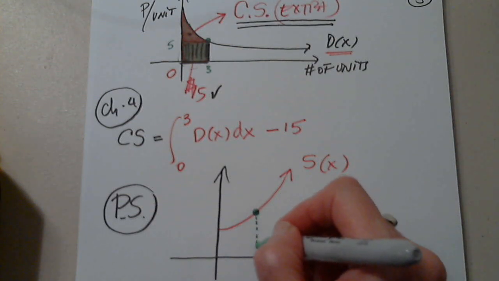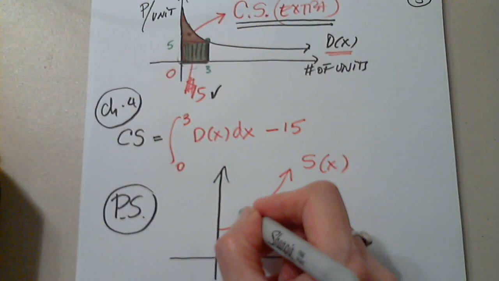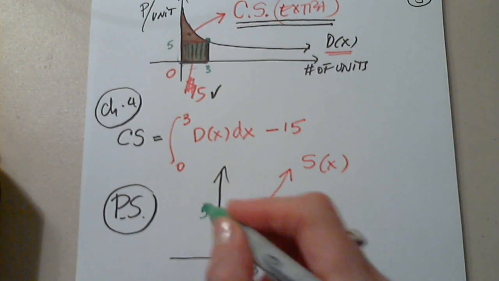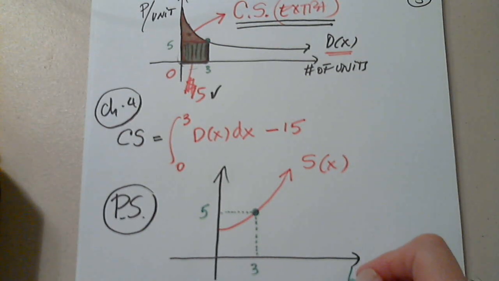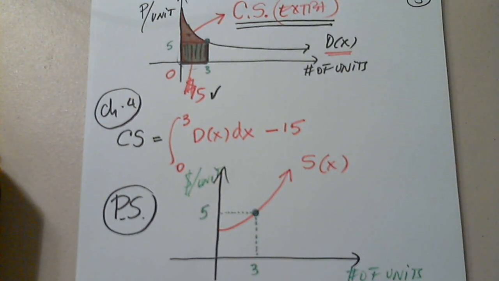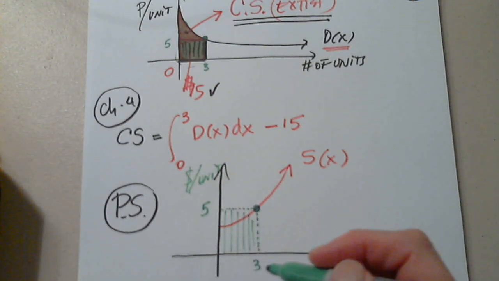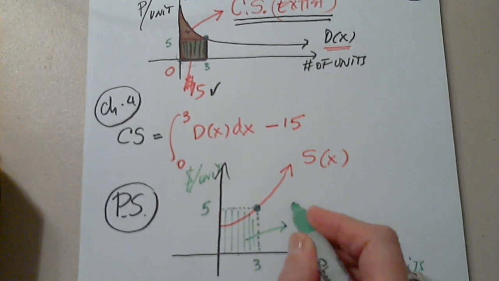For this number of units, let's say 3, because I gave you the example 3 and 5. So again, this is number of units, and this is price per unit. So this is the cost. Still the same, still $15.